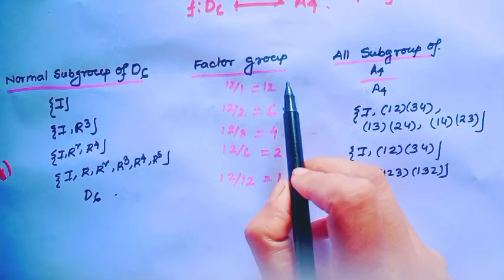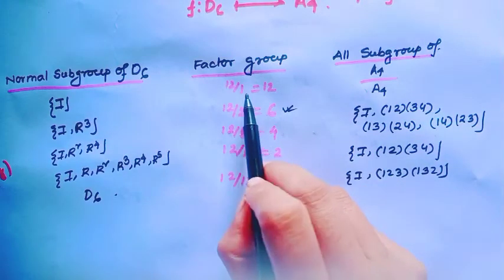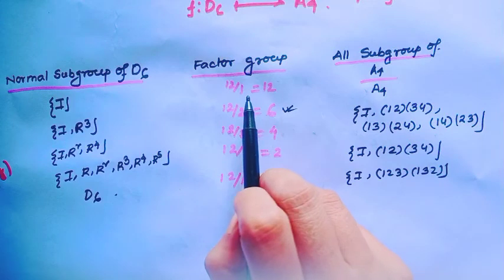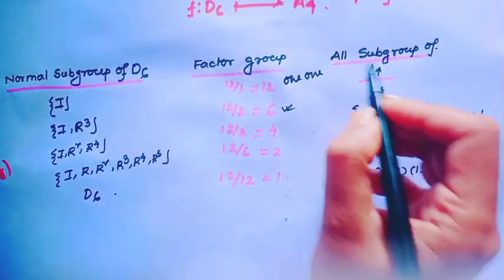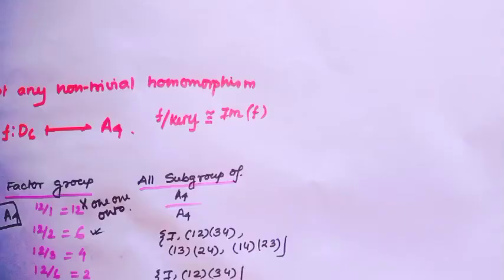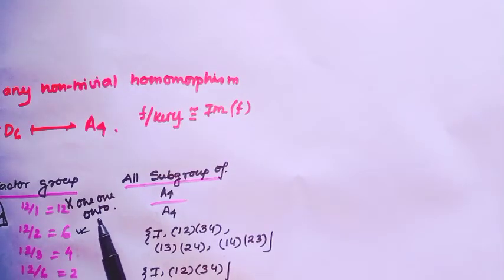If you consider this factor group, since the kernel is identity, this would be one-to-one. Also this is onto, because the orders of A4 and the factor group are the same.